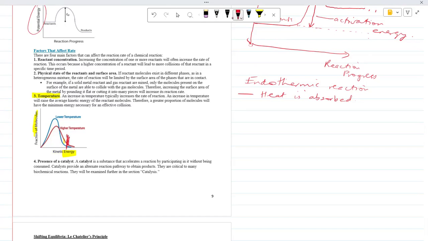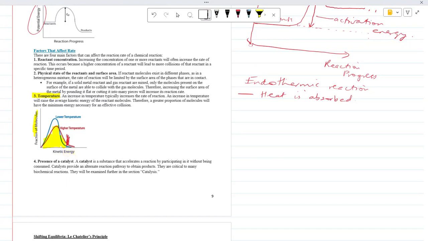So you have fewer molecules with energy below the activation energy, and you have more molecules that have higher energy. It increases the number of molecules that have the activation energy for the reaction to occur.